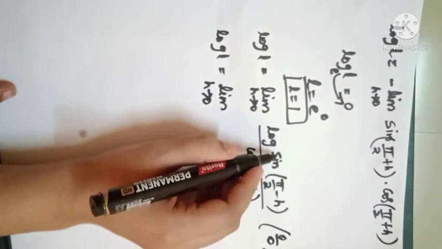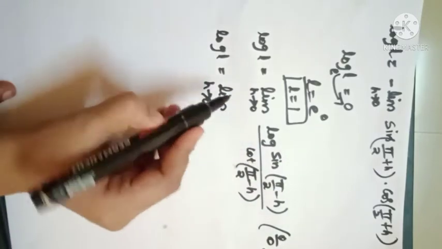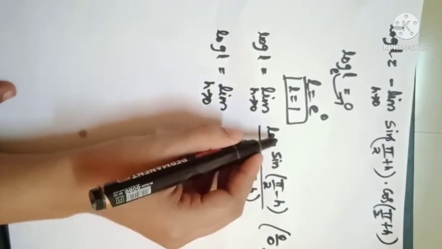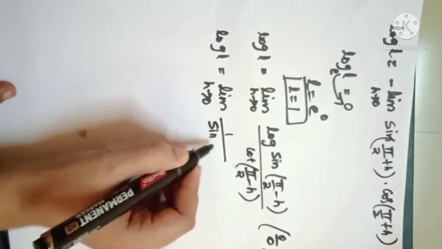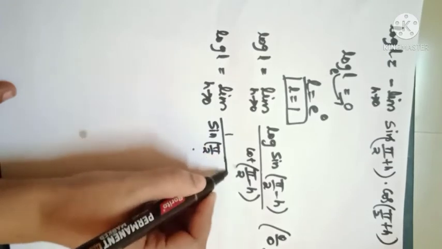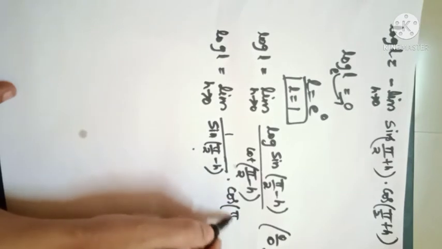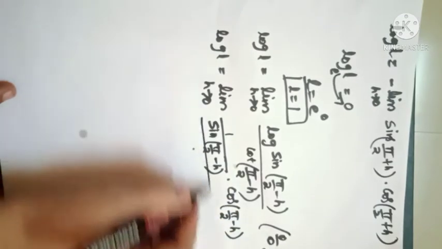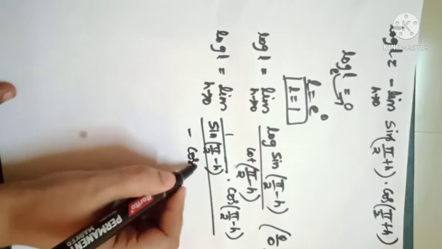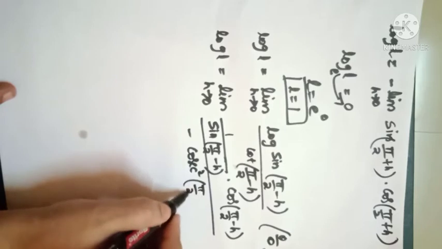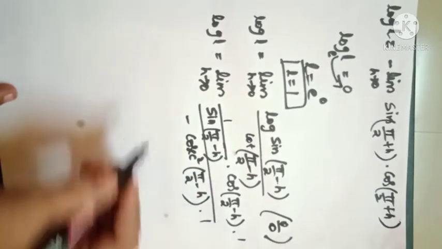So we will apply L'Hospital rule, that is, differentiate the numerator and denominator separately. The differentiation of the log function is 1 over sin (pi by 2 minus h) into cos (pi by 2 minus h), divided by the differentiation of the cot function, which is minus cosec square (pi by 2 minus h) into the differentiation of h, which is 1.